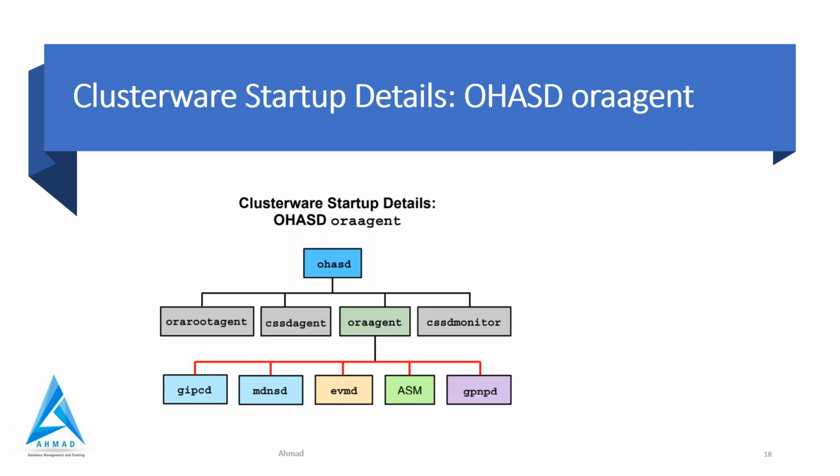So when I say that OHASD is responsible for starting and monitoring and restarting the Oracle Clusterware domain, which brings up the CRSD daemon, which in turn manages Clusterware resources.